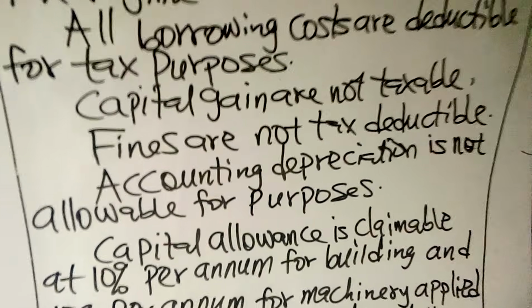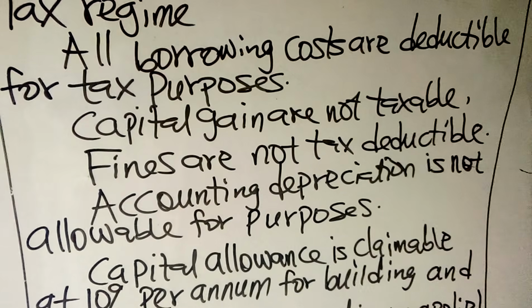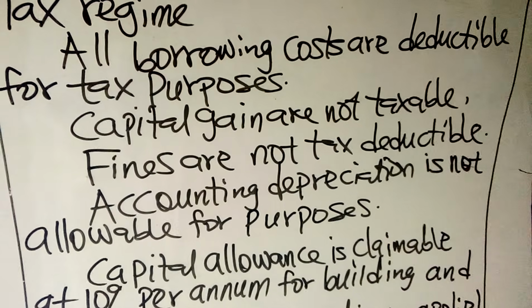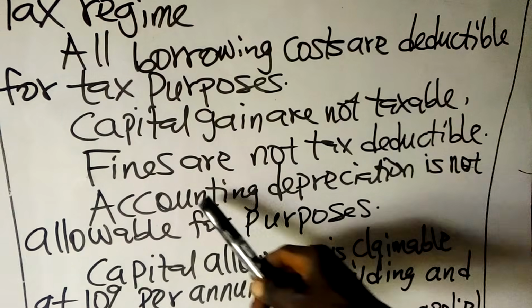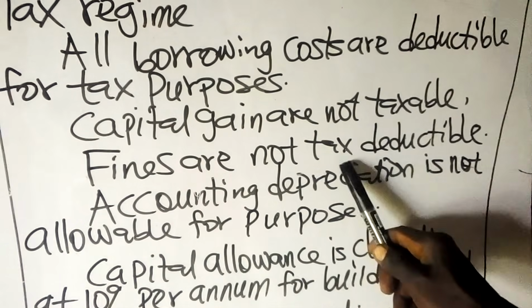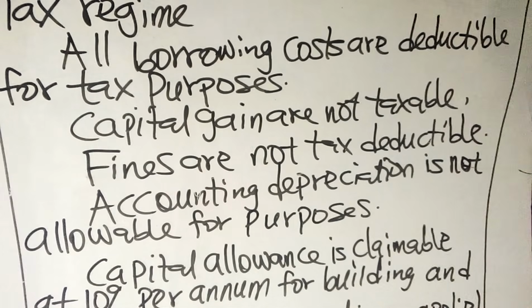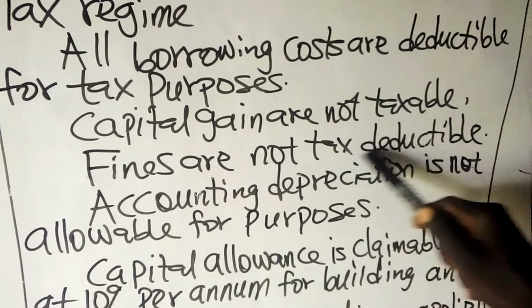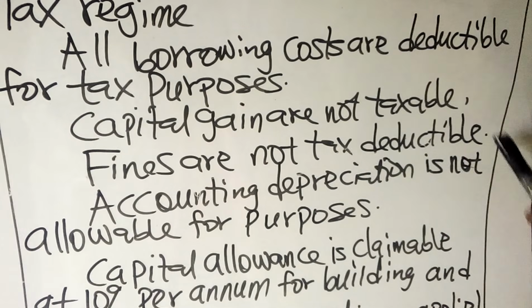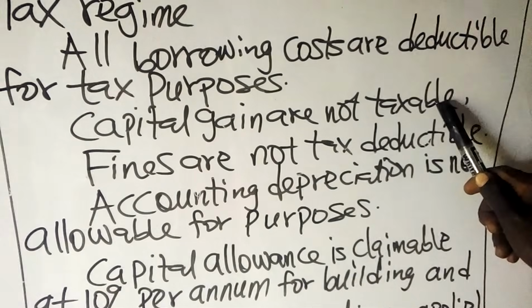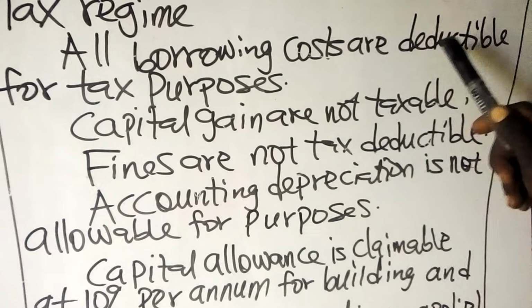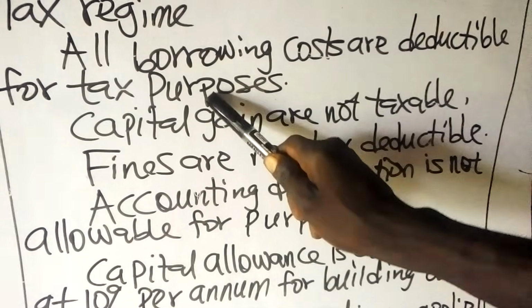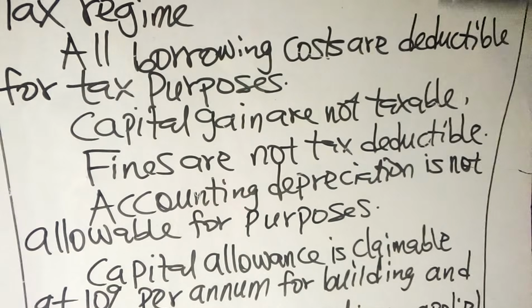All borrowing costs are deductible for tax purposes. Capital gains are not taxable. Fines are not tax deductible. That is, fines are not allowable. Not tax deductible means they are not allowable. All borrowing costs are deductible for tax purposes, which means all borrowing costs are allowable for tax purposes.